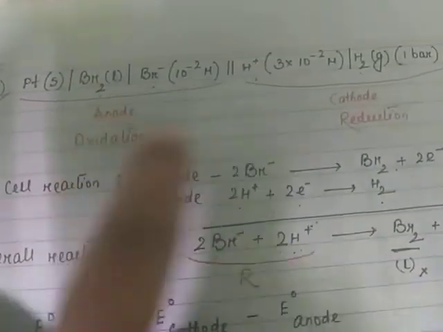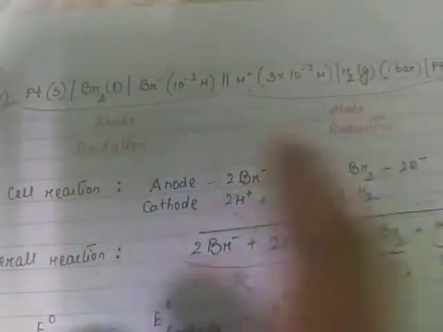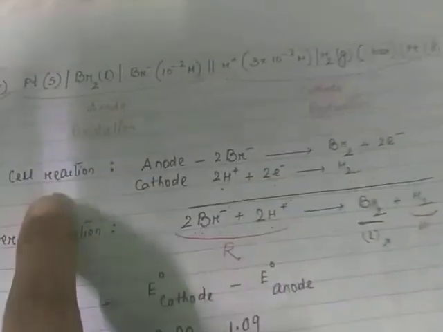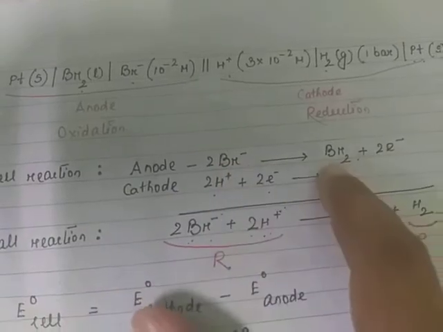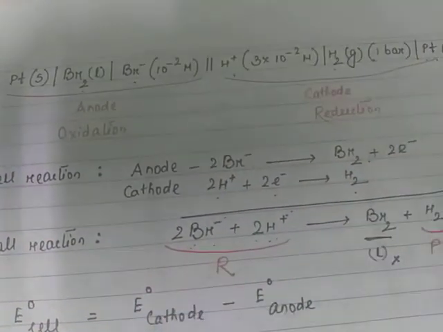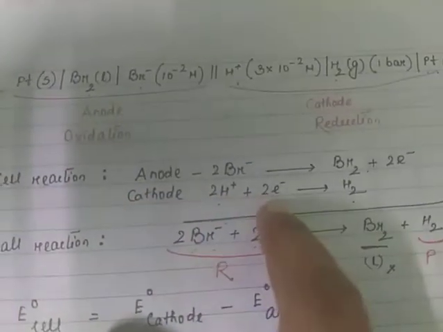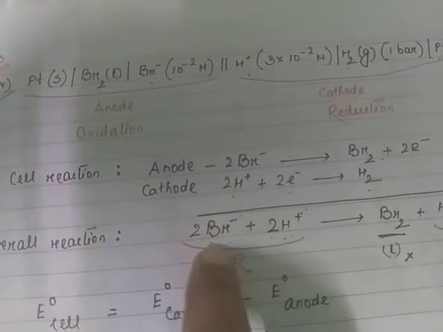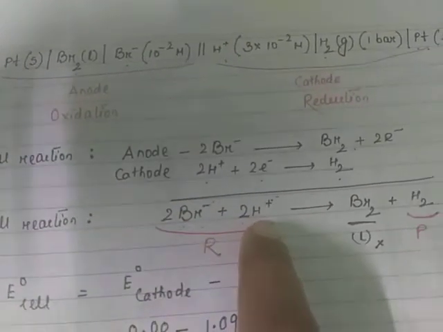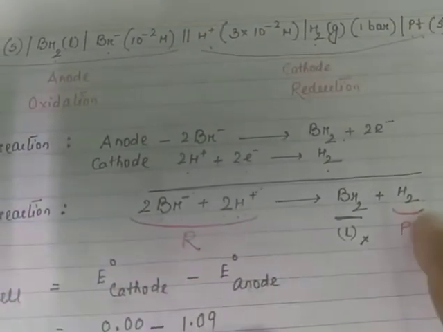So this is our anode and cathode, the oxidation site and reduction site. The cell reaction at the anode is written as 2Br- changes to Br2 plus 2 electrons, the loss of electrons, and at the cathode 2H+ plus 2 electrons changes to H2. So the overall cell reaction is 2Br- plus 2H+ changes to Br2 plus H2.